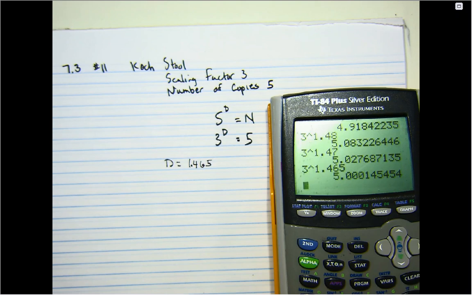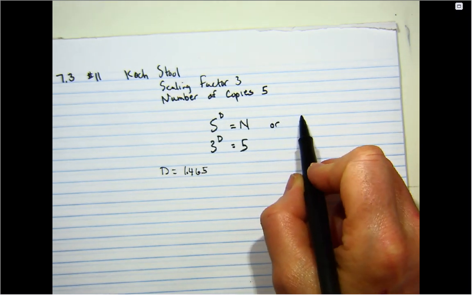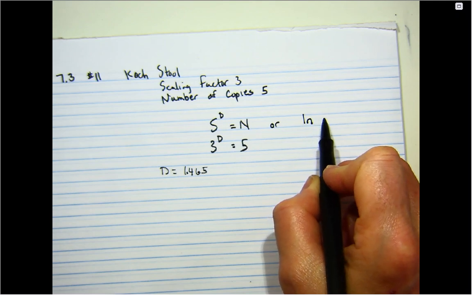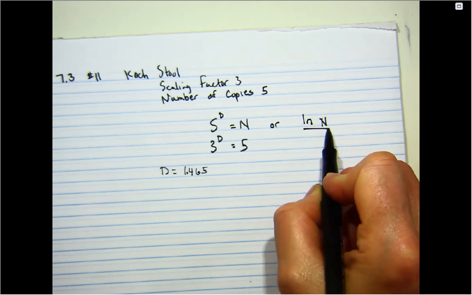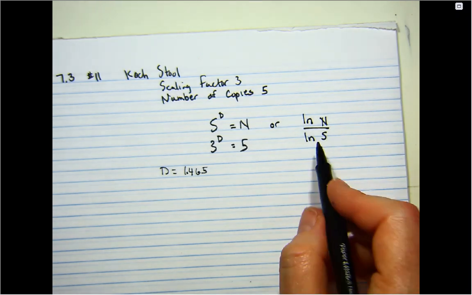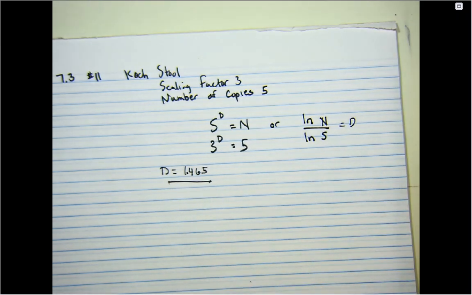Now you'll have a number of problems on your homework where you're trying to find dimensions. So you might want to go directly to using a calculator that has the natural log on it. So instead of using this, we can say d equals natural log of n divided by natural log of s. So for a quiz, this is fine to try the guess and check method, but on Wiley Plus, you have to get within like 1/1000th correct.